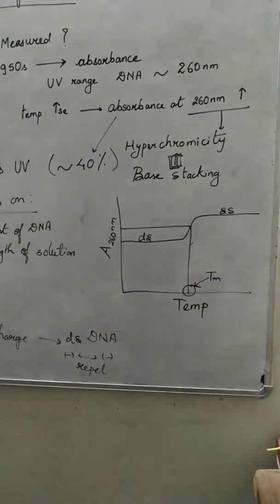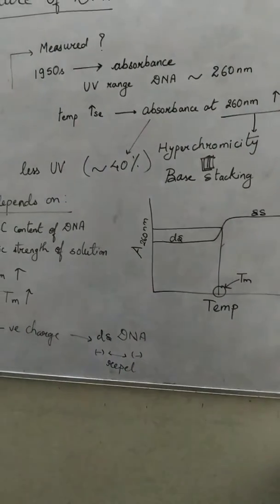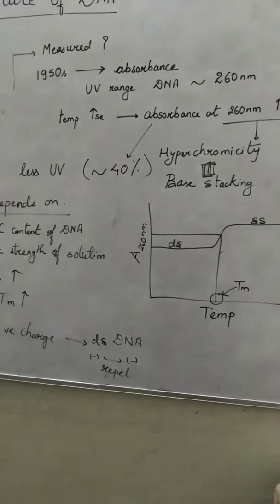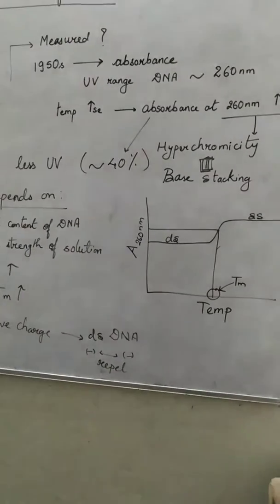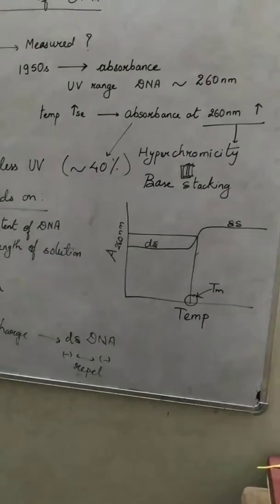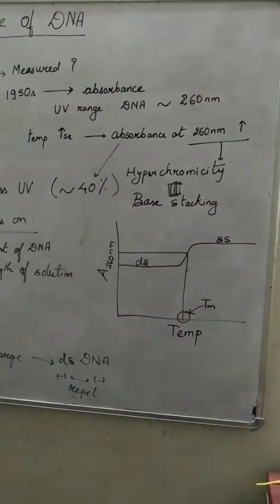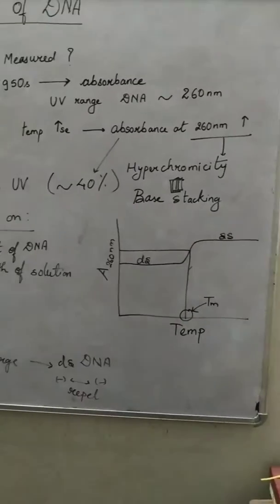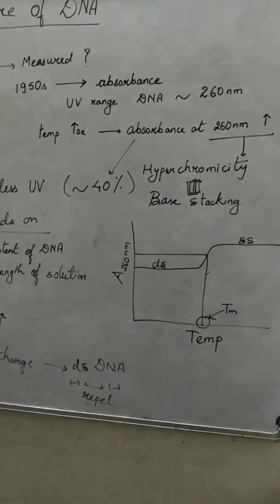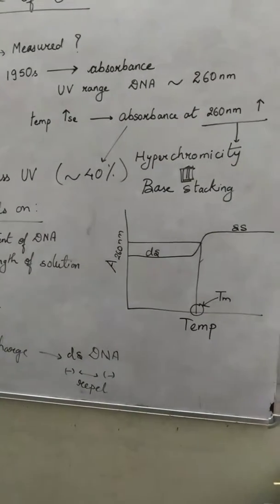Now, what happens when there is denaturation of DNA? Then at this specific wavelength, that is 260 nanometer, there is a change in absorption, approximately 40%.